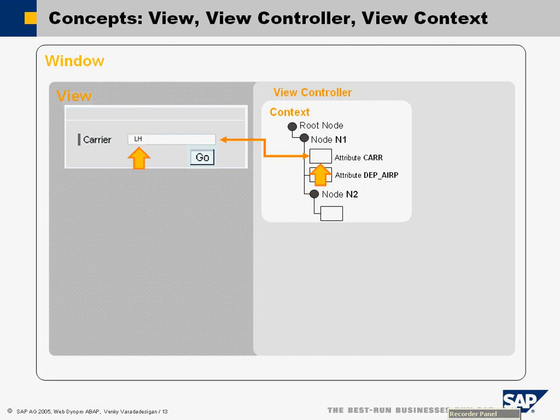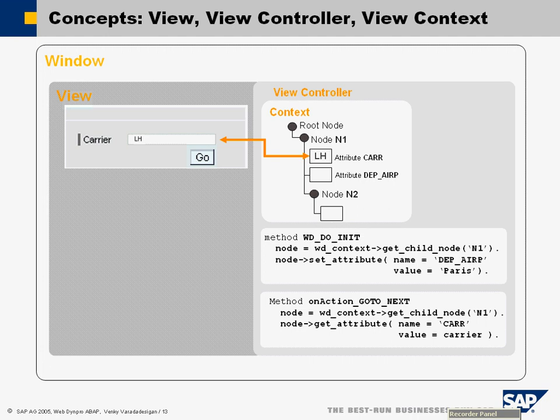Here is an attribute called the carrier ID, which exists both as a UI element as well as in the context. So if somebody types LH on the screen, it will be available in the context automatically. You don't have to do any programming for moving this value. It will be done automatically if you have specified the tie, the correlation between these two fields.